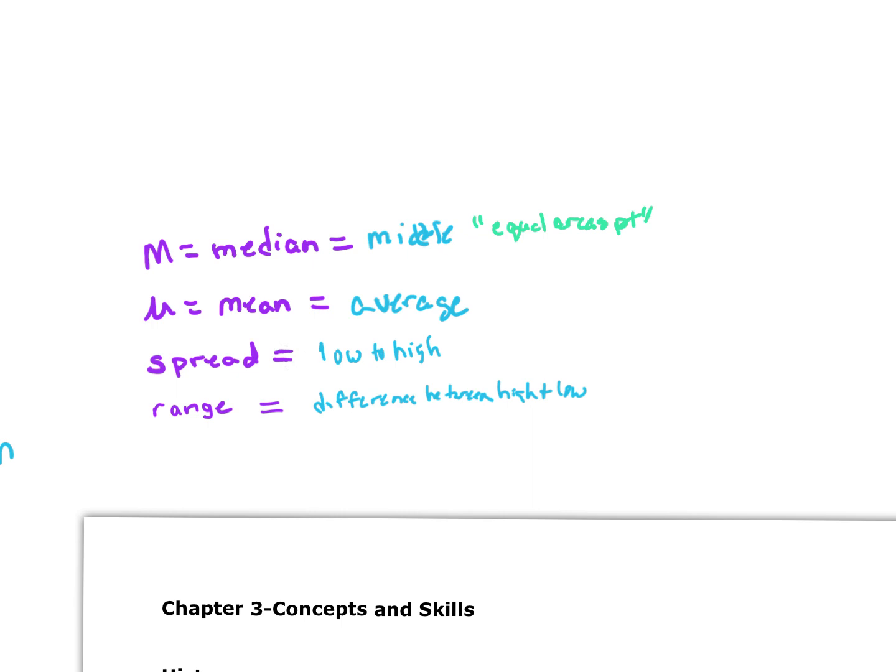When we are looking for the average, another way of thinking about this, if we are visually considering a histogram or other graphs, we are looking for the balance point. Okay, so those are terms you're going to want to connect with each of those particular terms, okay? So equal areas point and then the balance point.